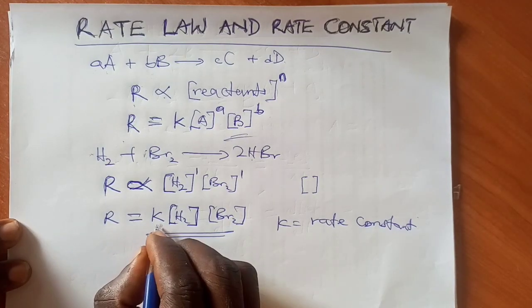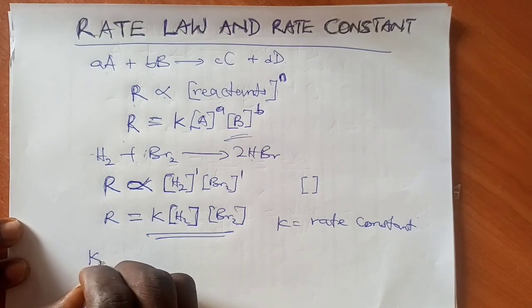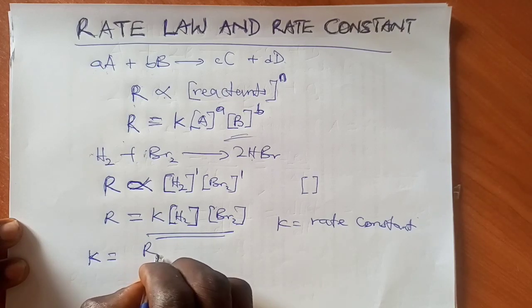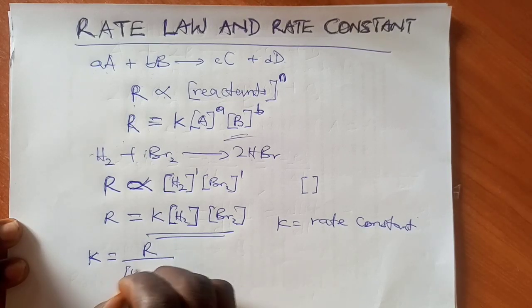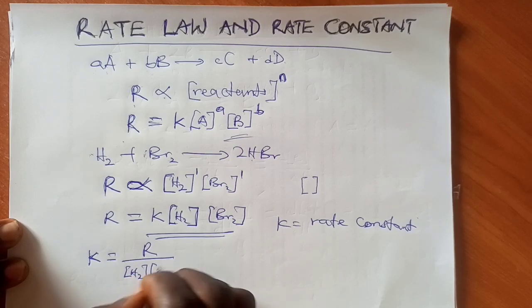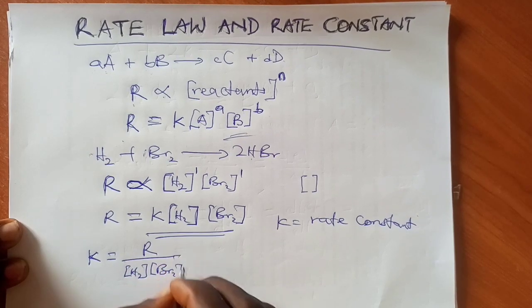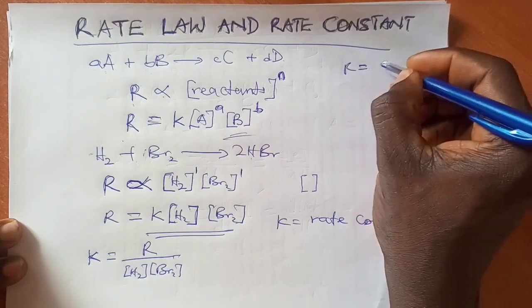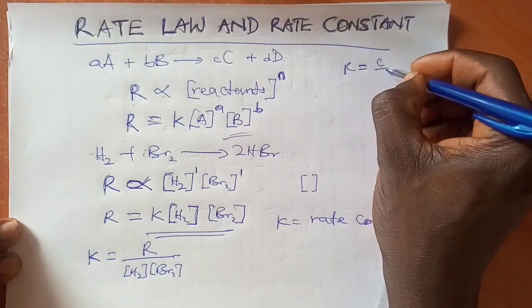If you make K the subject of the formula here, K will be equal to what now? Rate over concentration of hydrogen, concentration of bromine, okay. And you know that rate is actually concentration over time.